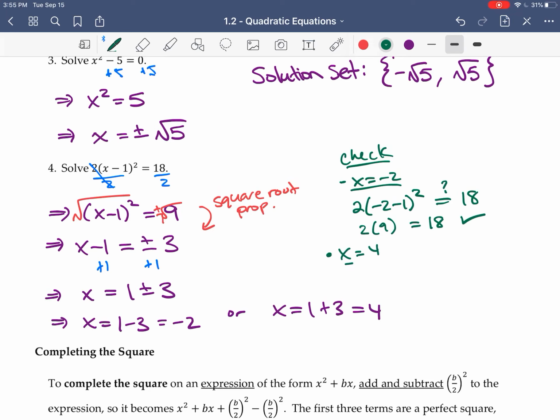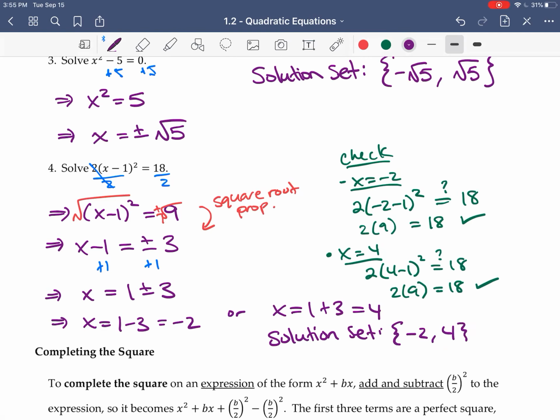What about x equals 4? So that's 2 times 4 minus 1 squared. So 4 minus 1 is 3. So again, this is 2 times 9, which is 18. So our solution set contains the numbers negative 2 and 4.